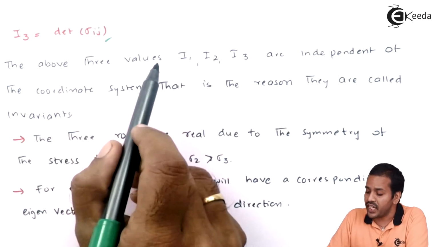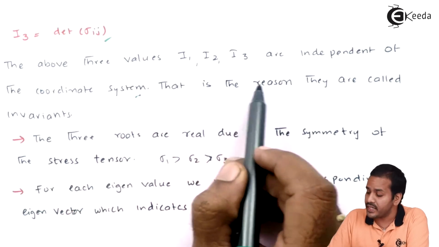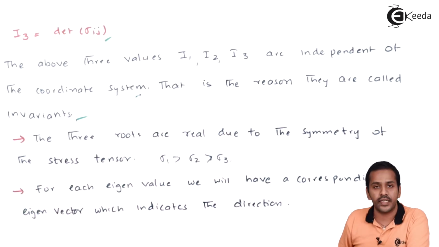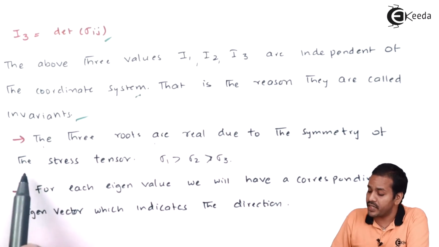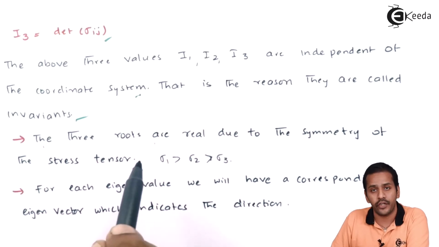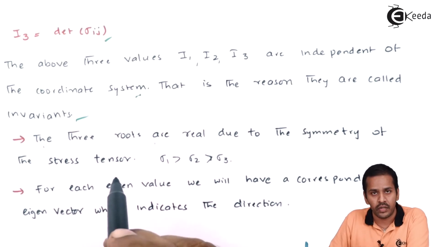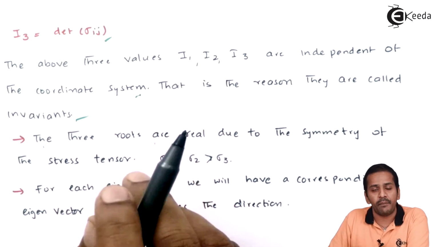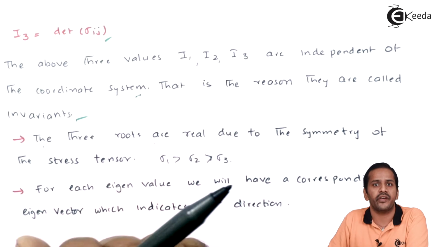Now, the above three values I1, I2, I3 are independent of the coordinate system. That is the reason why they are called the invariants. This I already mentioned. The three roots are real due to the symmetricity of the stress tensor. This is one more point we need to keep in mind. For this characteristic equation, which is cubic in nature, we will get three roots. The three roots will be completely real because the stress tensor is symmetric.